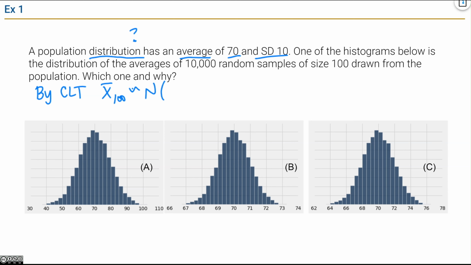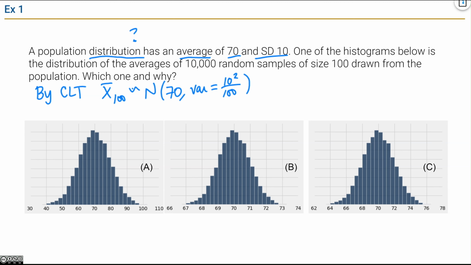It has the same mean as the original population, but its standard deviation is going to be the original population's standard deviation divided by square root of n, which means that the variance is going to be the population variance divided by n.